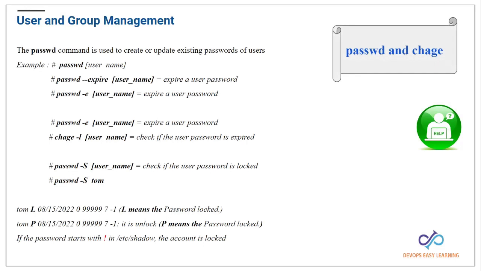Let's say you want to force a user to reset his password, because most of the time folks think that admins know everybody's password. That is not true. You reach out to me and say, hey, I am not able to log in to the Linux server, I forgot my password. I will type the passwd command as a root user, reset your password and give you a temporary password.